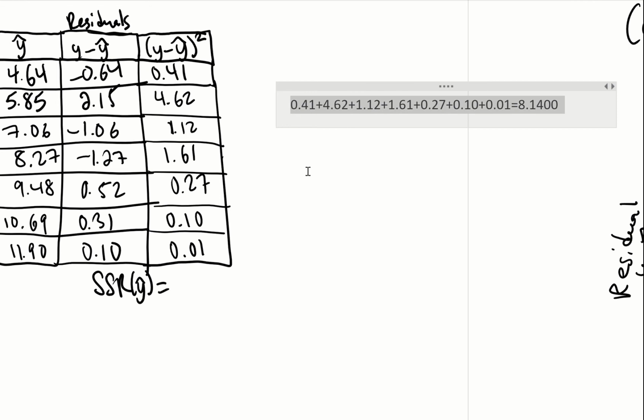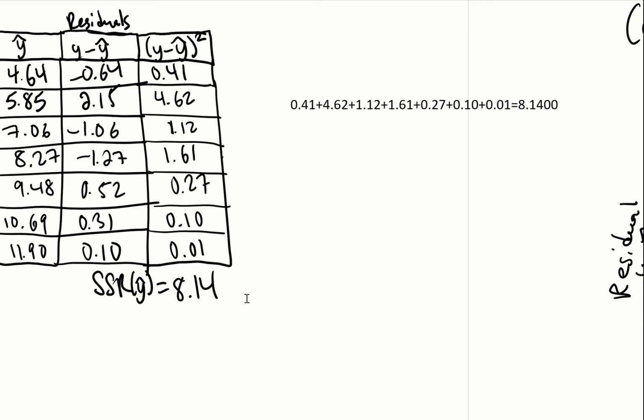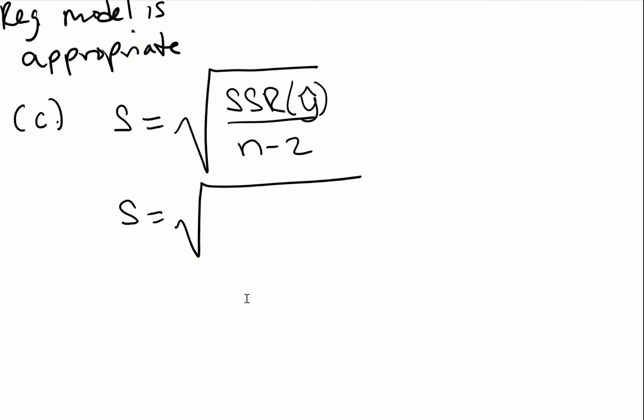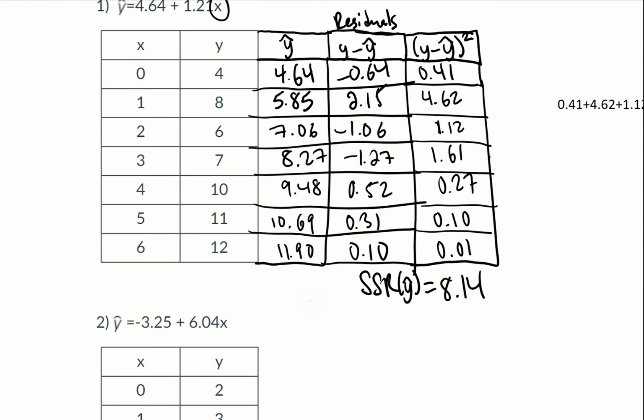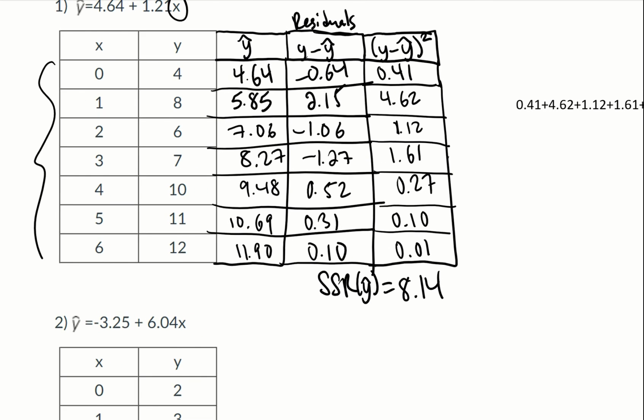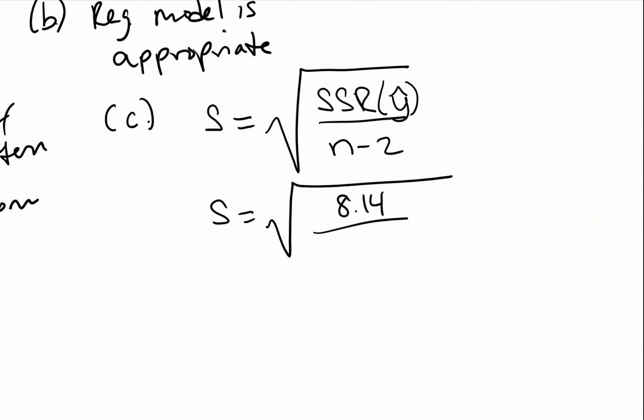Okay, so it looks like we get 8.14. 8.14 is my sum of my squared residuals, and that total is going to go here in the numerator. And then we have n. N is how many numbers we have. So how many x values do you have here? You have 7 x values, right? So it's going to be over 7 minus 2.